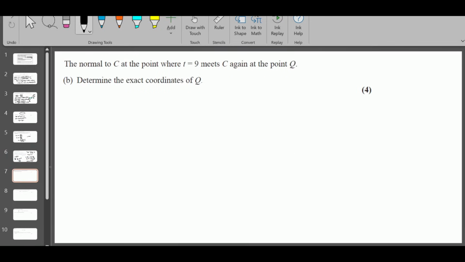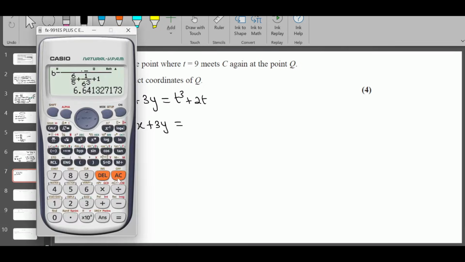Part B. The normal to C at the point where t is equal to 9. Okay, we have the equation of the normal, which is 3tx plus 3y is equal to t cubed plus 2t. When you replace t by 9, you're going to get 9 3s are 27x plus 3y is equal to 9 cubed.